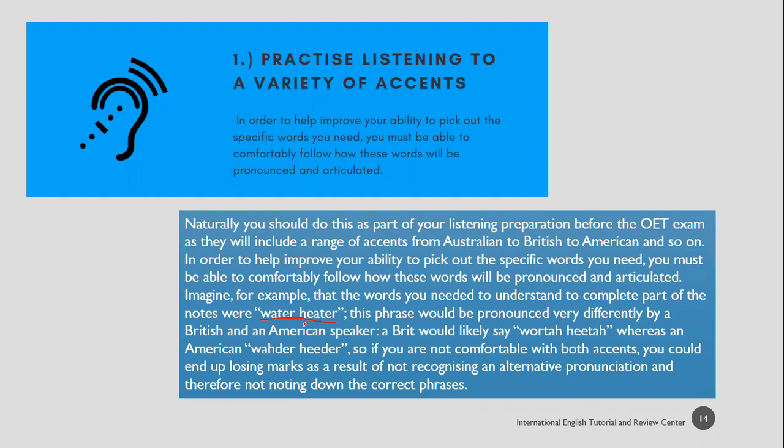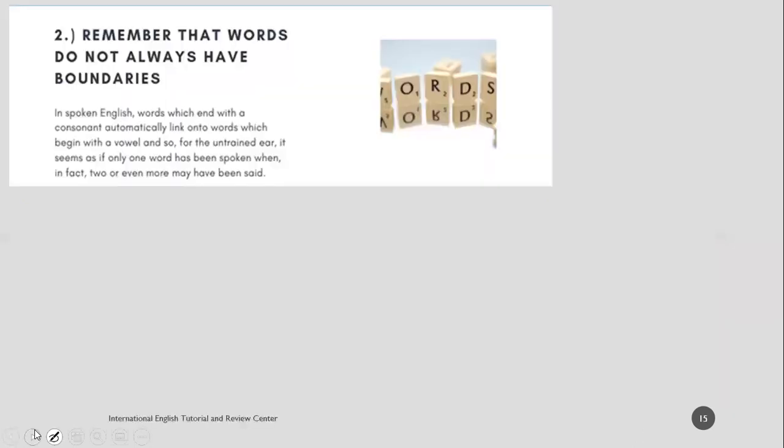But in American, they will say, do you have water heater? Do you have water heater here? All right. So you have to practice listening to a variety of accents. Because generally, English native speakers also always link the words.